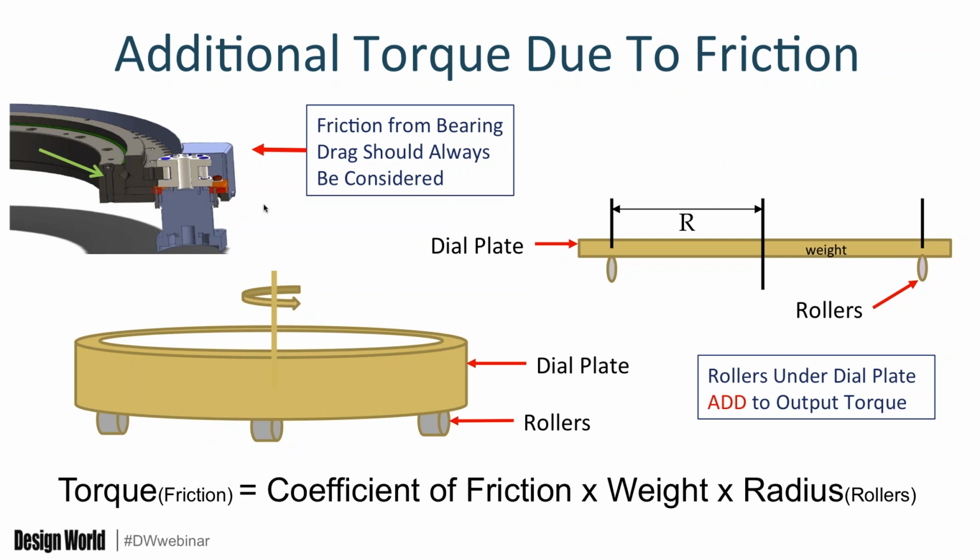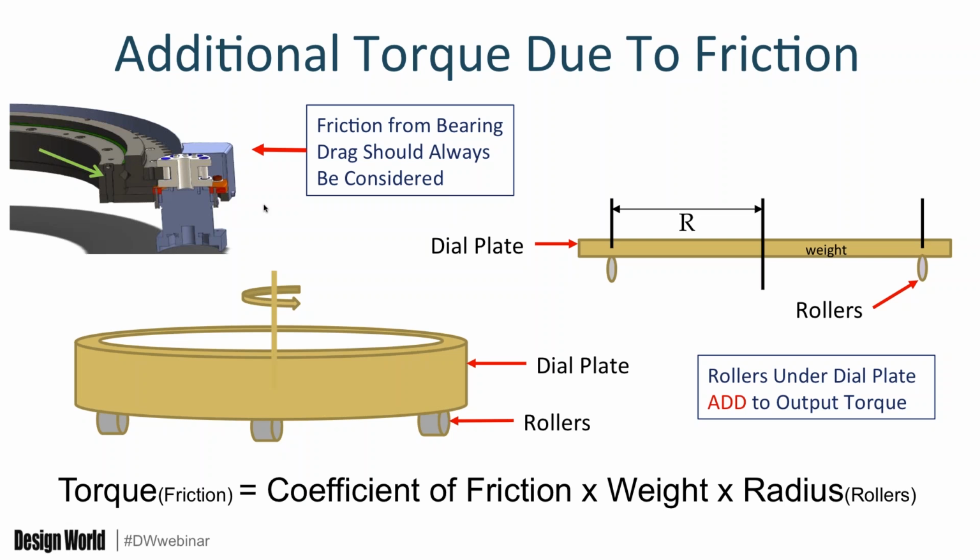But from this illustration, you can see that if you have rollers underneath of a dial plate, you're going to increase because you're going to have a torque due to friction, which is the coefficient of friction, basically times the weight and the radius of where the rollers are located.